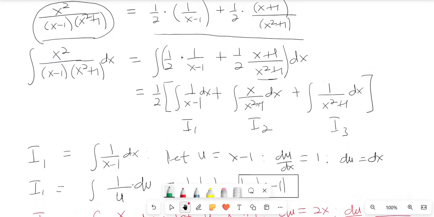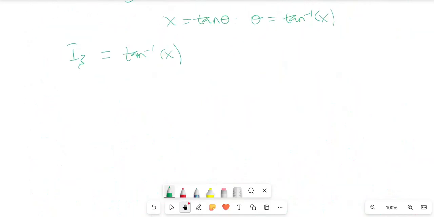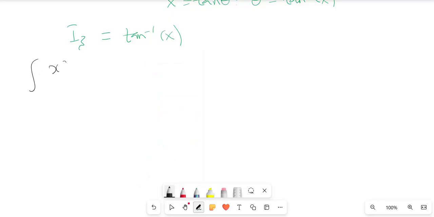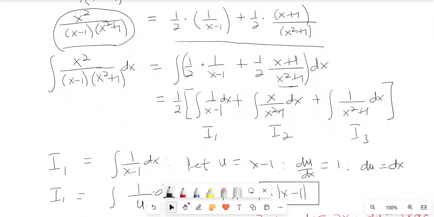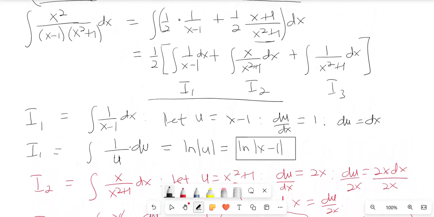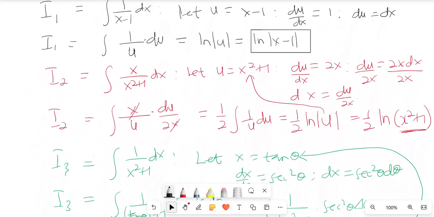The integral of x squared over x minus 1 times x squared plus 1 dx is equal to 1/2 into I1, I2 and I3.